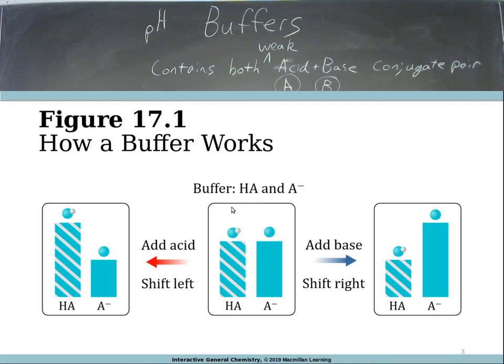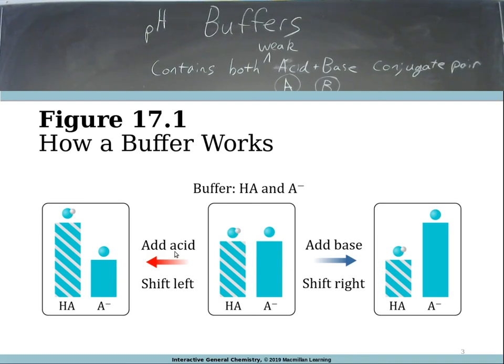But as long as I have this figure up, I just want to point out that a buffer cannot work to an infinite degree. If I'm adding acid and it's reacting with the conjugate base, at some point the amount of conjugate base gets less and less and less until there's none left.